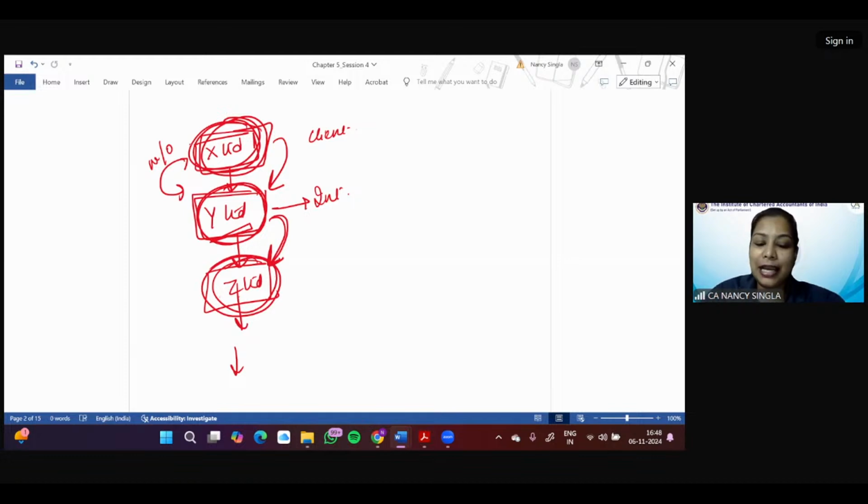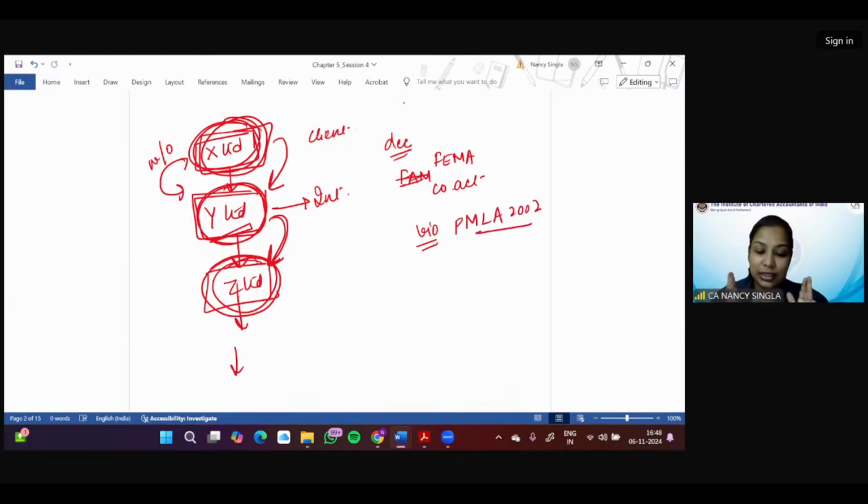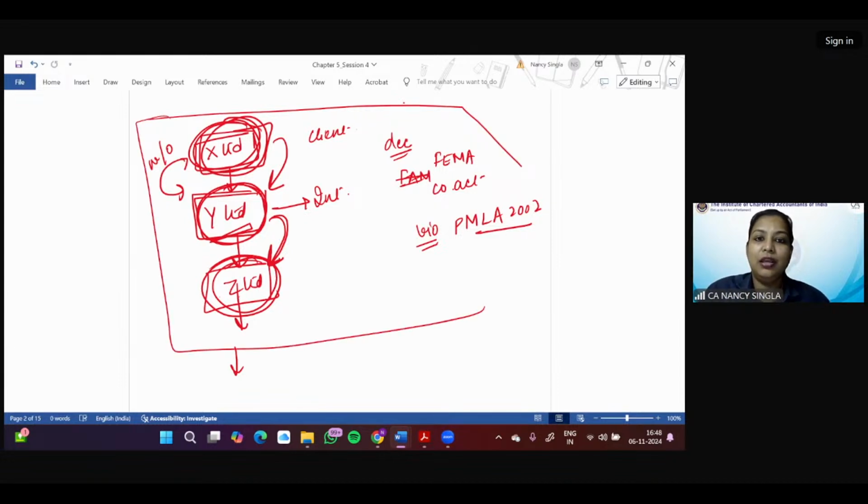And last, a declaration that the provisions of the FEMA Act are complied with, and it is not violative of the Prevention of Money Laundering Act 2002, right? So this topic may appear very lengthy and very technical, but if you just keep in mind this diagram, you are able to learn it very quickly.